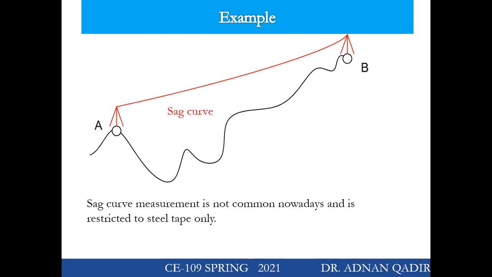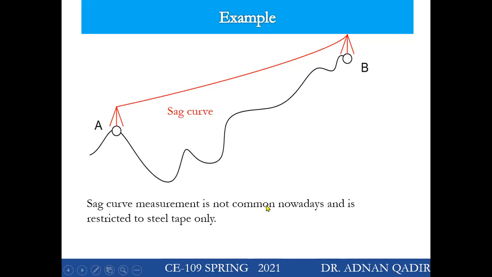So what you do, you raise the point A, maybe by using a tripod, and then you measure it in this manner, stretching the tape, and you can measure like this.